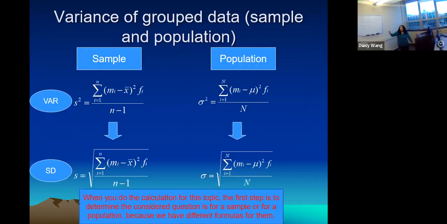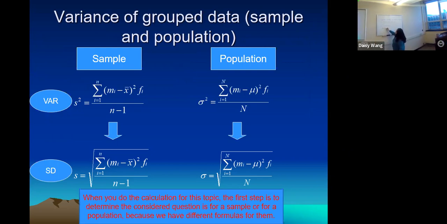So take the square first, and then times 20.